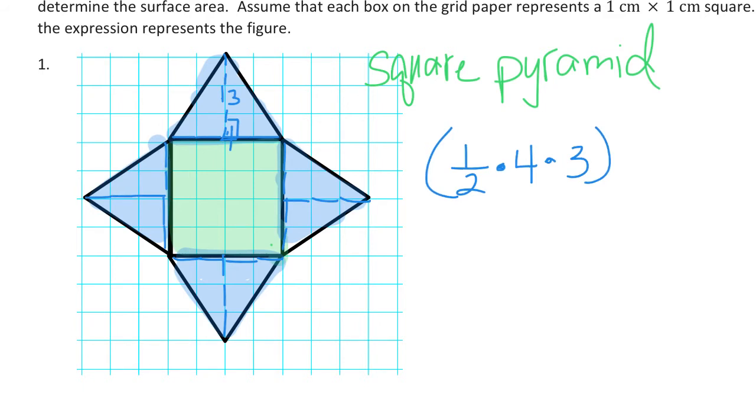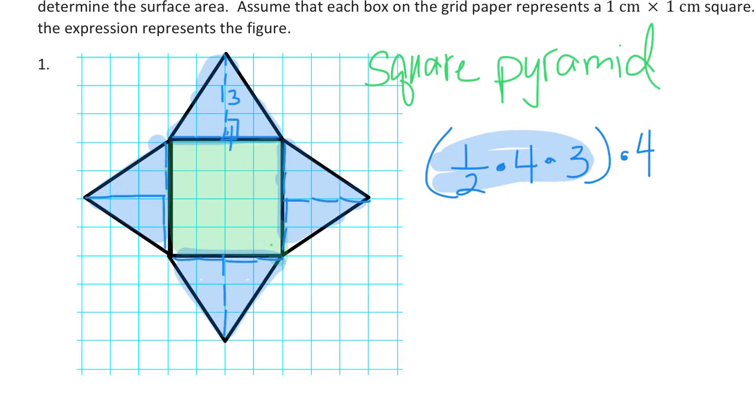So this formula will work for all 4 of my triangles. So I'm going to take that and multiply it by 4.